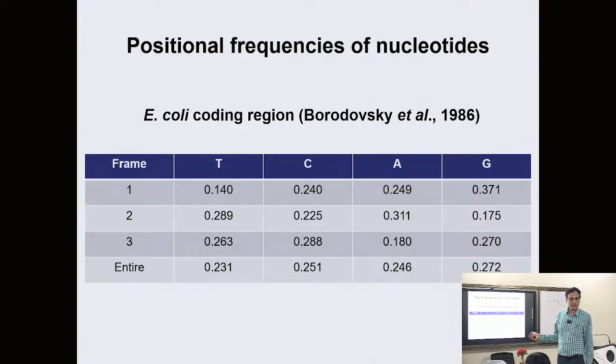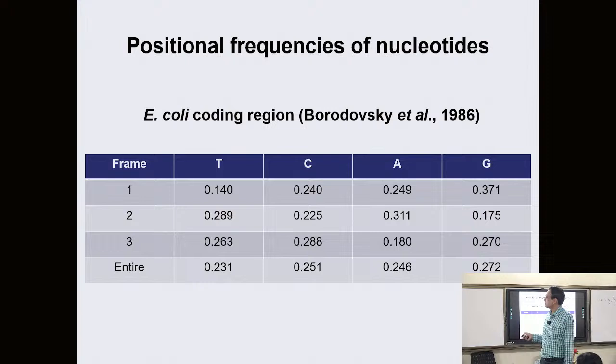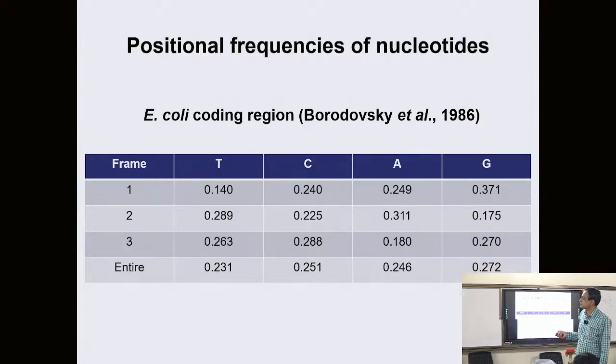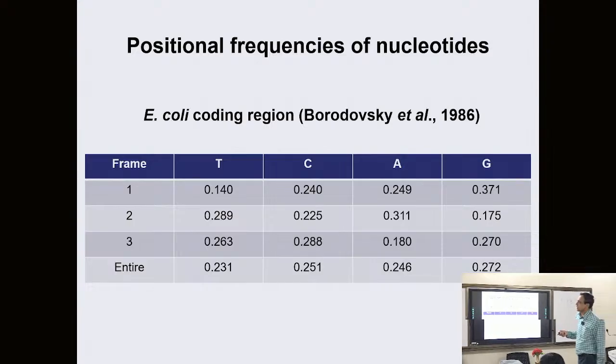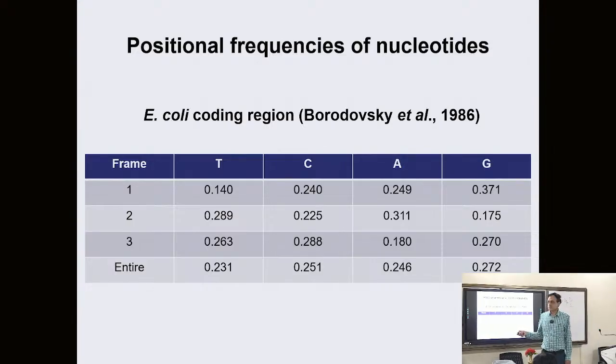Okay. And Borodovsky and colleagues observed that there is a non-uniform pattern with respect to the codon positions. So you can see the probability distribution of these 4 nucleotides at position 1 differs from the probability distribution at position 2 and position 3.